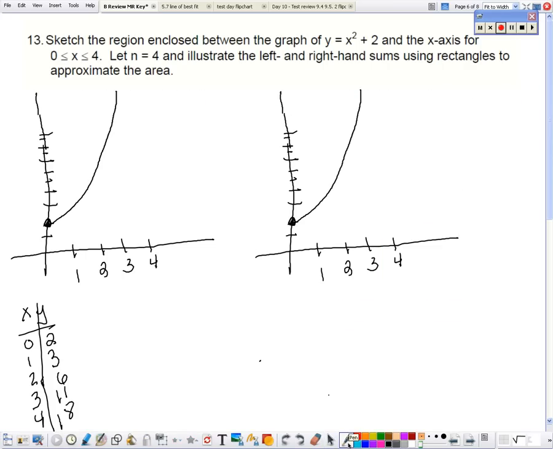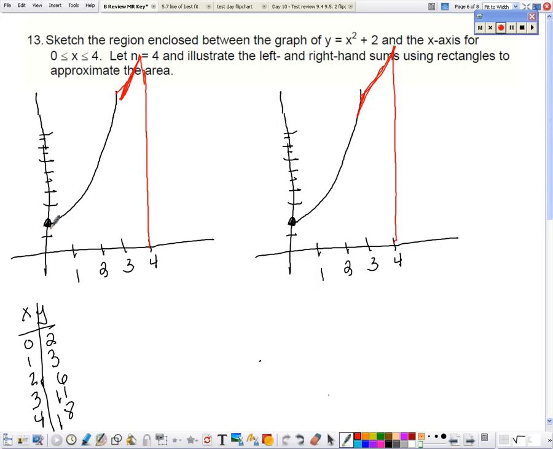So to draw the left-hand sum between 0 and 4, I need my graph to connect over here. Okay.